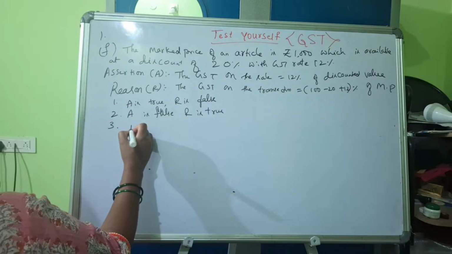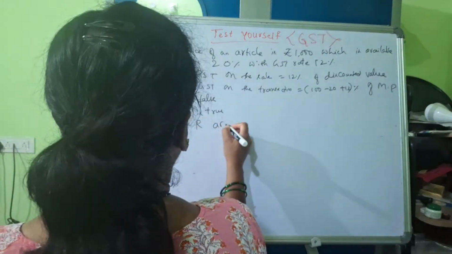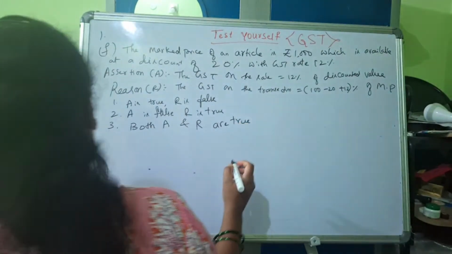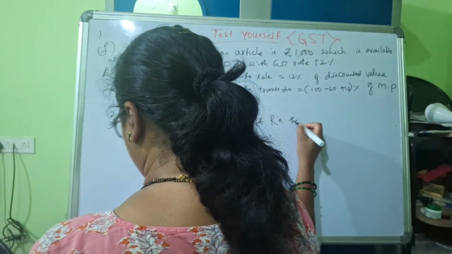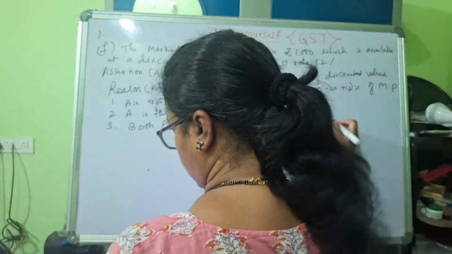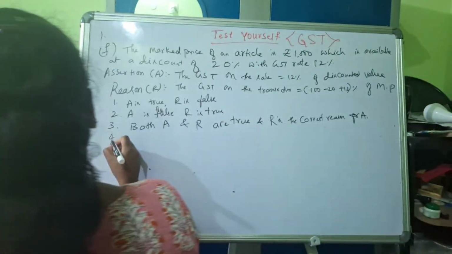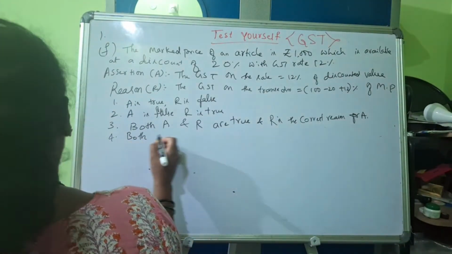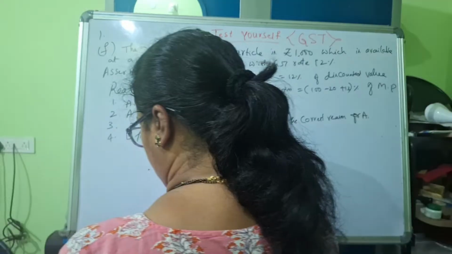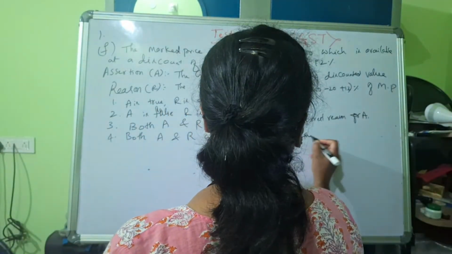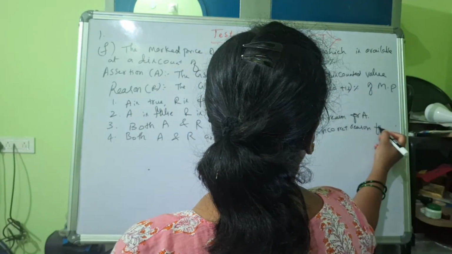Third option is both A and R are true and R is the correct reason for A. Fourth, both A and R are true and R is the incorrect reason for A.